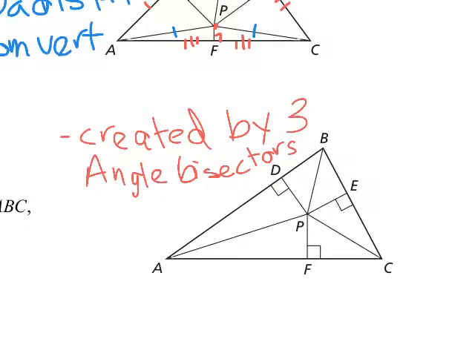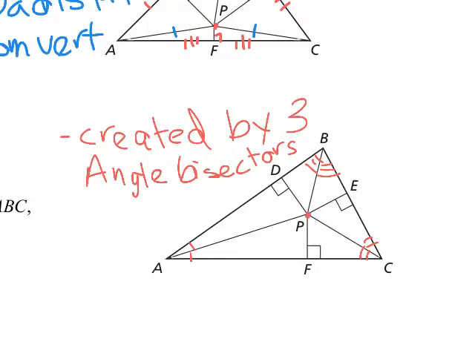So there's one angle bisector, there's our second angle bisector, and there is our third angle bisector. So we have three angle bisectors that are going to hit right here in the middle.